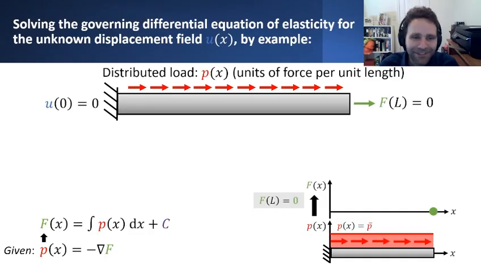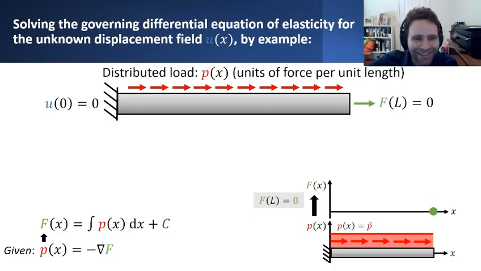All we have to do is take that existing function P, integrate it with respect to x, and introduce some extra constant of integration. I'll call that c. We will come up then with some function F, which varies as a function of x, but the problem is we don't really know what this extra constant of integration is. In other words, we don't necessarily have a unique representation for this solution of the internal force within the member.